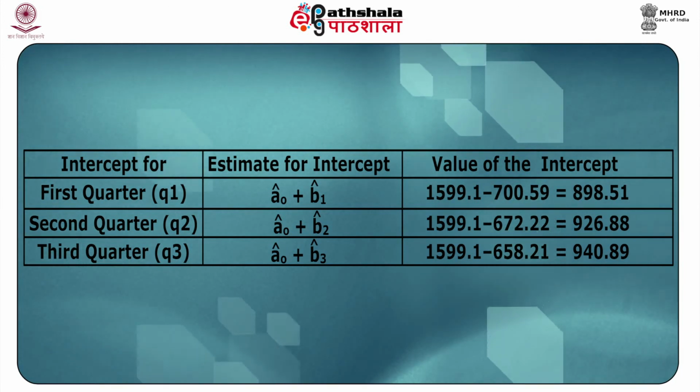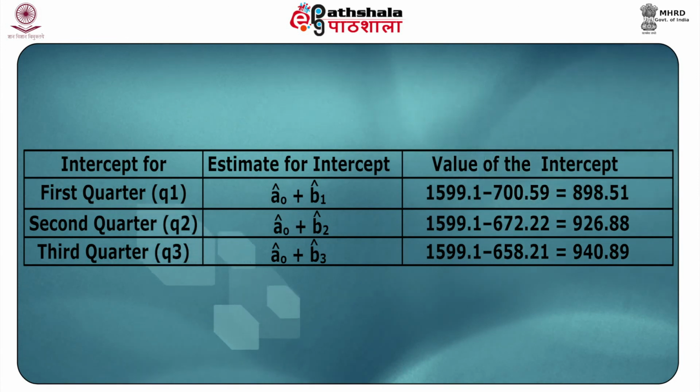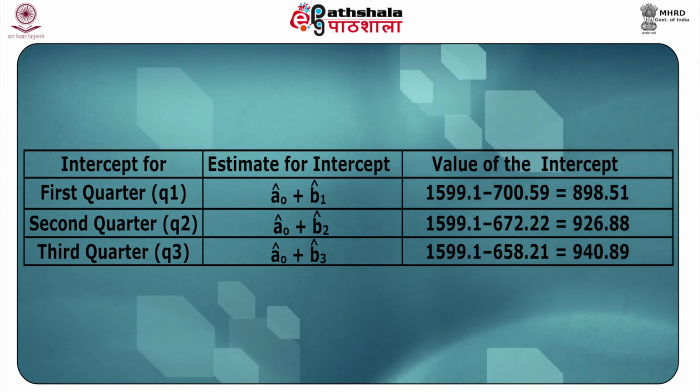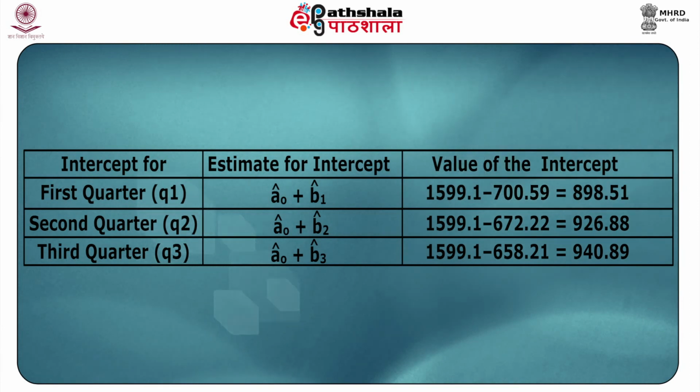The manager calculates the estimated intercepts of the trend line for each quarter. Let us see this in the form of a table. Again, we have intercept for different quarters, estimate for intercept and value of the intercept.